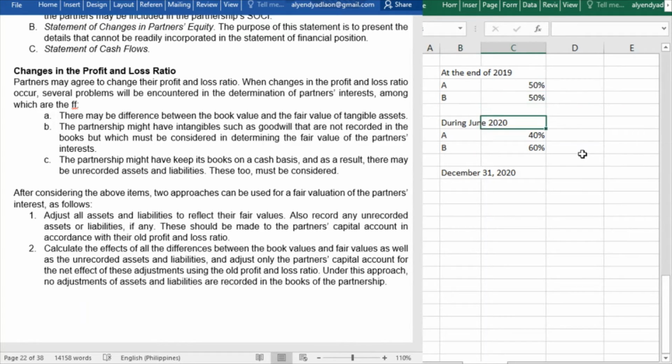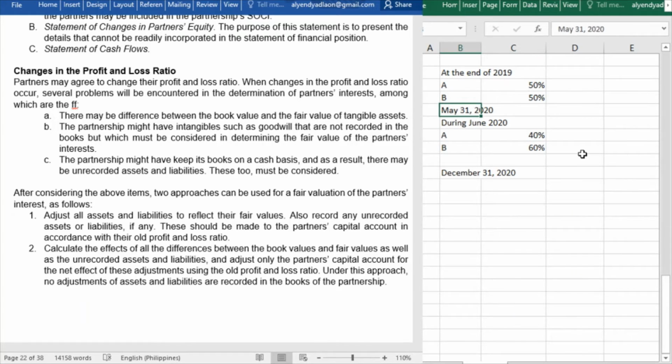Since June 2020 is the date of change, the updated capital balance should be as of May 31, 2020. By the time the balance is already updated, then from June to December, when we compute the profit, we are going to use the new profit and loss ratio.